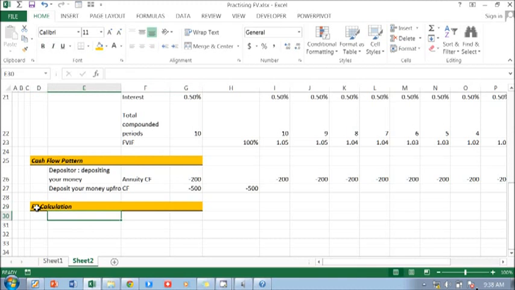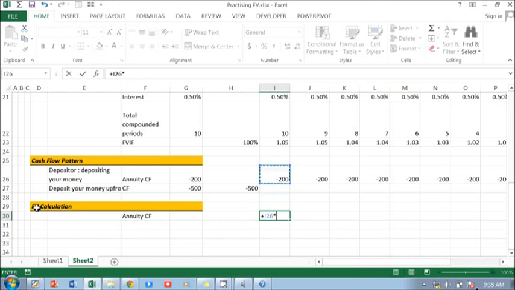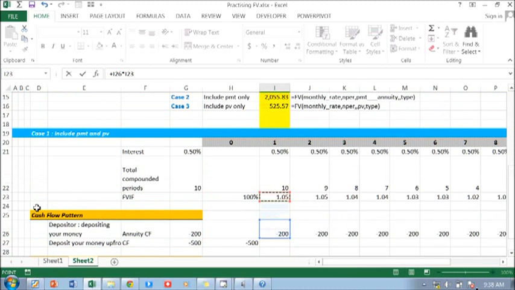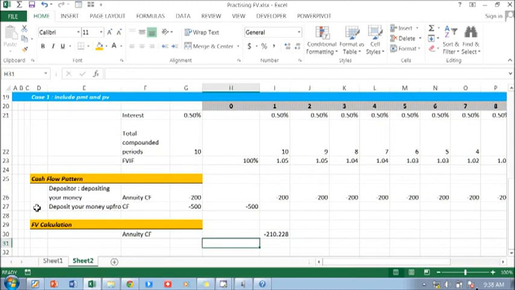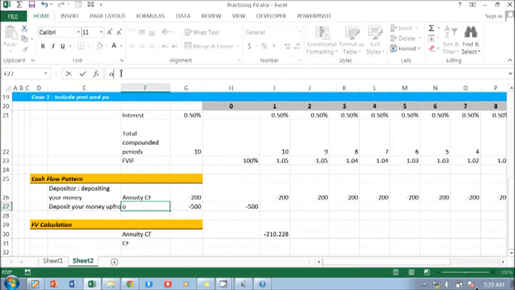Right, so for your first cash flow, your annuity cash flow, this is what you just have to type, times your future value interest factor. That's one thing, and then you have your one-time cash flow. So this is a one-time cash flow. Okay, so I just copy it.